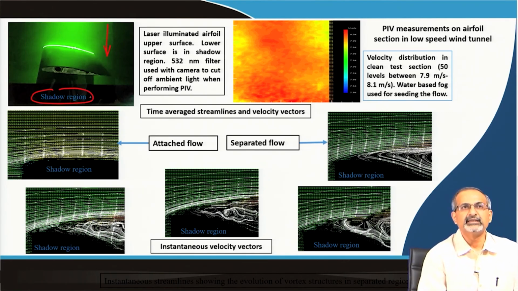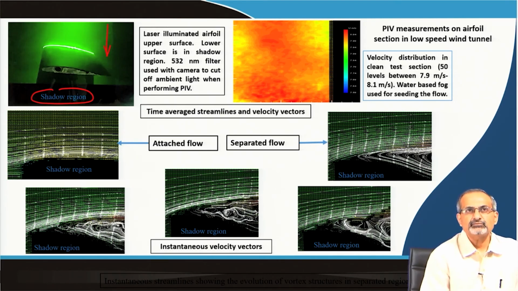We are essentially interested in the flow field on the upper side of the airfoil, and therefore, as long as the upper side is illuminated with the laser sheet, we are going to obtain the images on the upper side, and post processing them we should be able to get the velocity vector field there. So, we have the laser illuminated airfoil upper surface, and a 532 nanometer filter is used with the camera to cut off the ambient light when performing PIV.